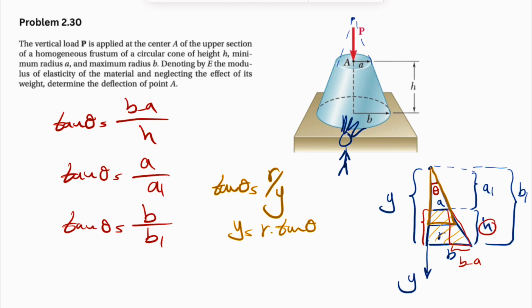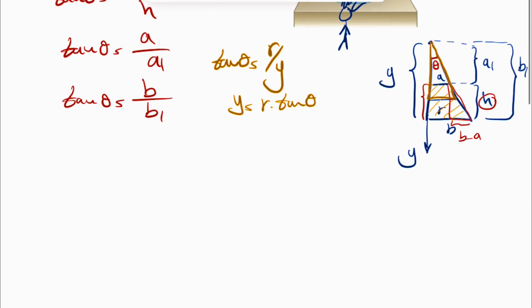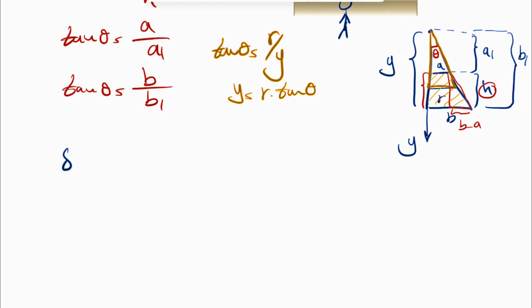As we discussed in the previous question, we have the same formula for deformation. Delta is equal to P times the length over A times E. So our length in here would be y.